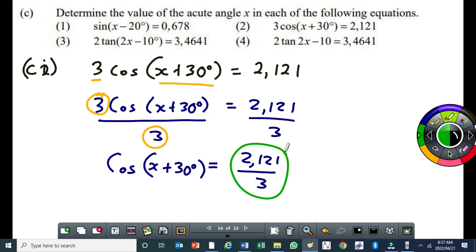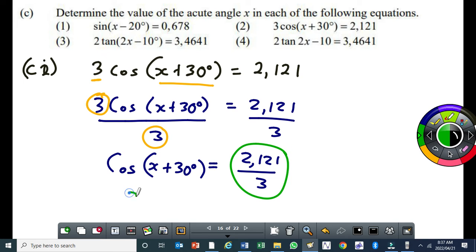Okay? If you decide to divide 2,121 by 3, you get a decimal, but it's not necessary to do that. Now, when you get here, we want to isolate the x plus 30 degrees. Well, this is our angle. So we take the cos to the right, it becomes shift cos.